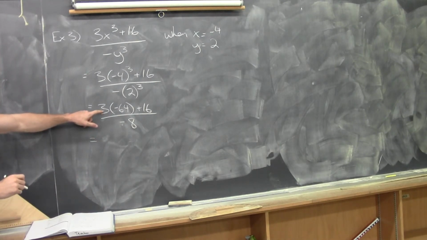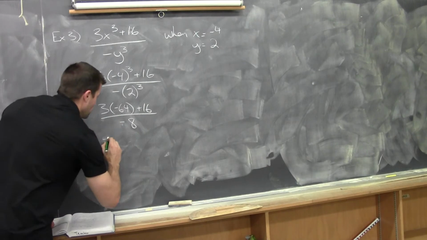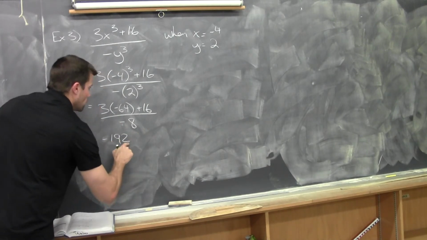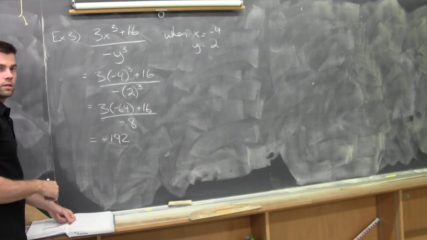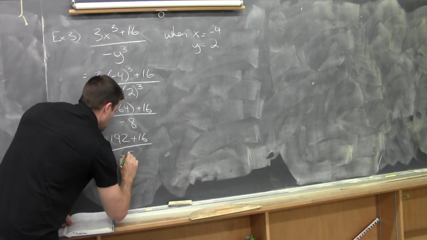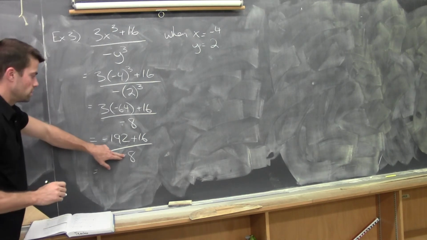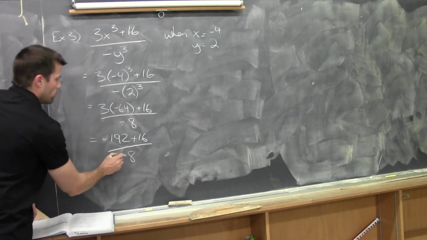Someone help me out? 3 times negative 64? Matthew? Negative 192. And that's plus 16, or that's with the 16? Plus 16. Okay, just finishing up here, and what's the final answer here? So the nice round number.